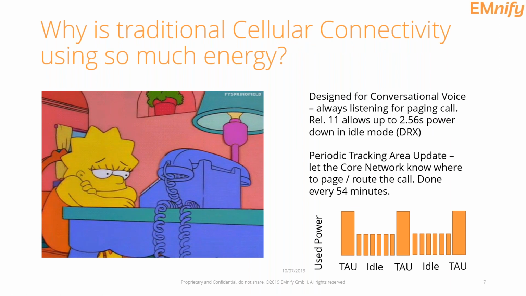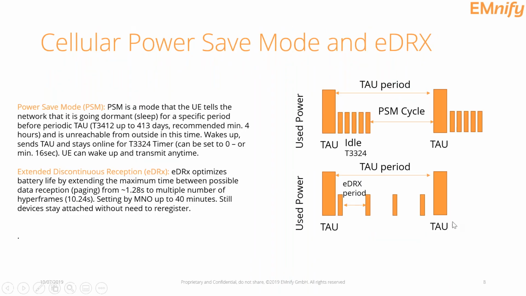She's not listening, she's waiting longer to go to sleep and then wake up, and that's the extended eDRX period. This eDRX period can be set up to 40 minutes now, not 2.5 seconds anymore, but really 40 minutes. So the device can power off for a very long time.